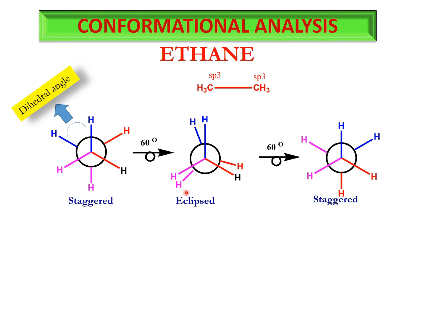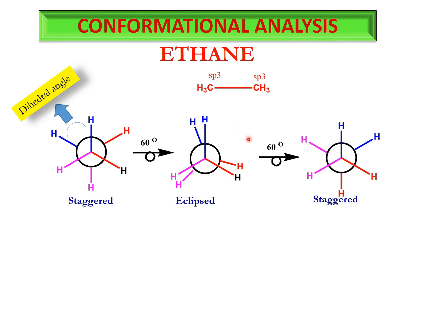But in the case of ethane, because all the groups are similar to each other, both the carbon atoms have three hydrogens attached to them. So all the atoms attached to these two carbon atoms are similar. So no matter where they lie, they are the same. We have just drawn them here with different colors for your understanding.